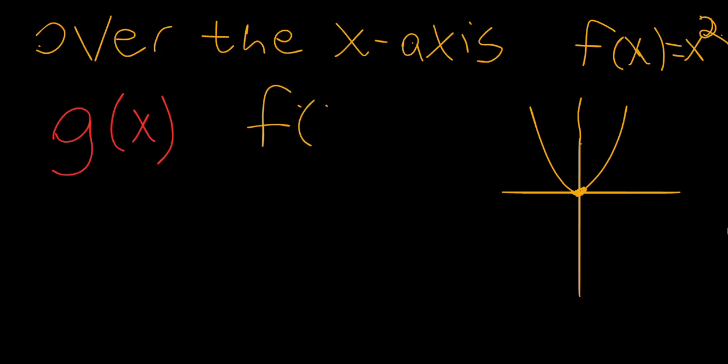What do we have to do to f of x? And let me give you g of x. It's going to look like this. Reflection over the x-axis. What do we need to do to f of x to accomplish this? What do you think? I bet you can figure it out.